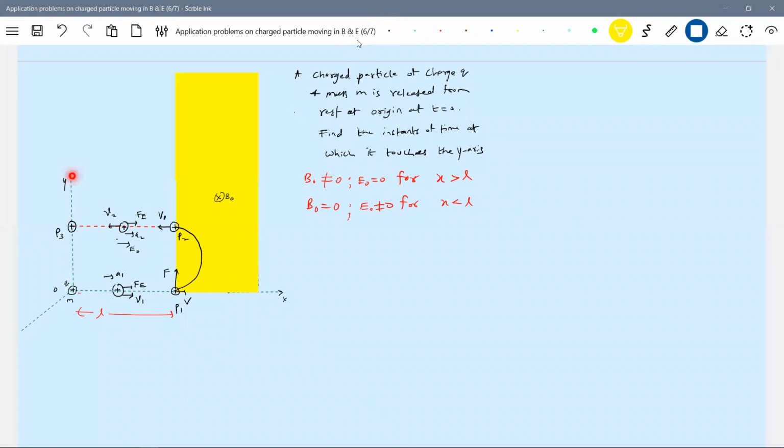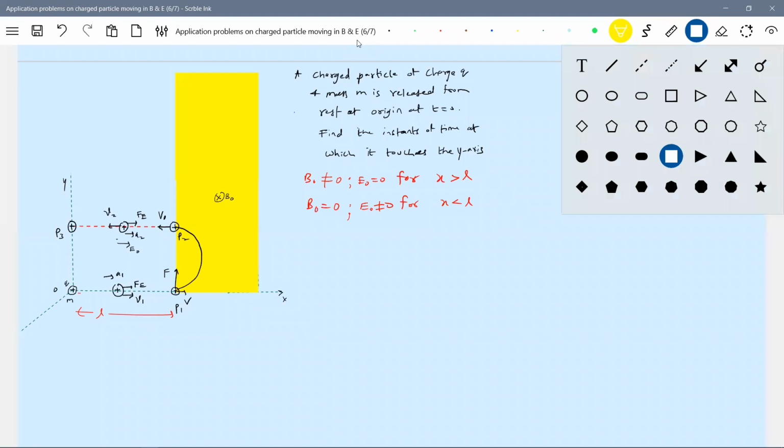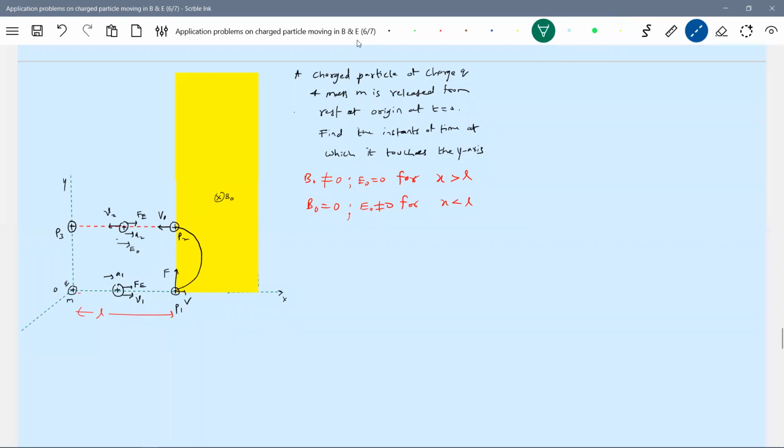Like this, if I extend this, what will happen to the charged particle? The charged particle is going to again enter the magnetic field with the same velocity v naught.